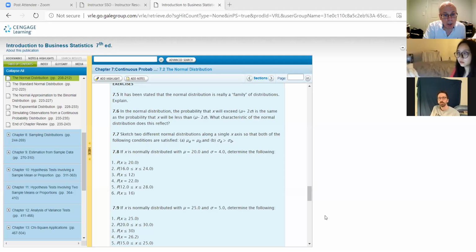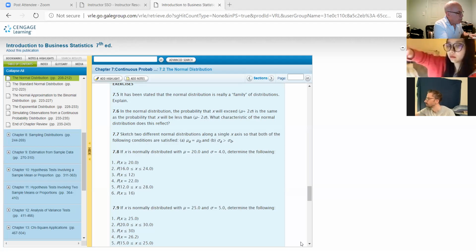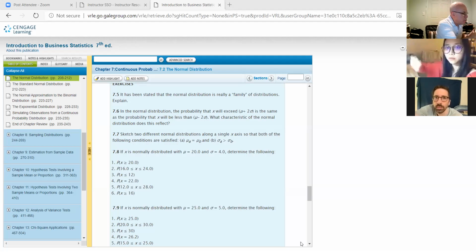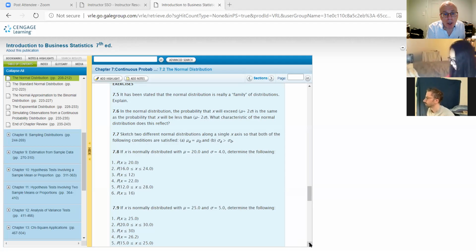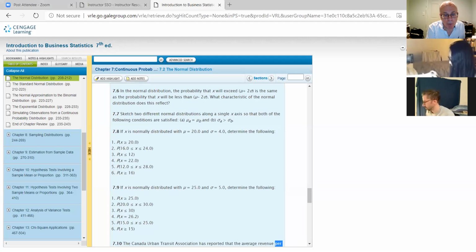Let's see, I guess I'll go to the book first. All right, so this is the ebook, and let me find out what page we're on. All right, this is page 211 in the textbook, and it's problem 7.9.